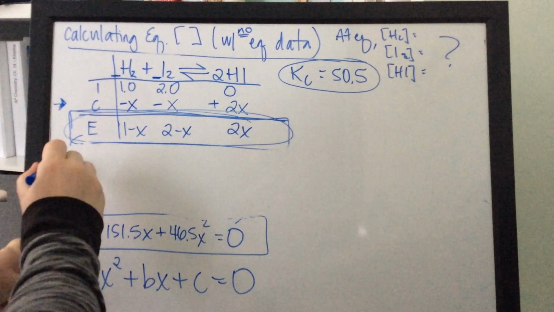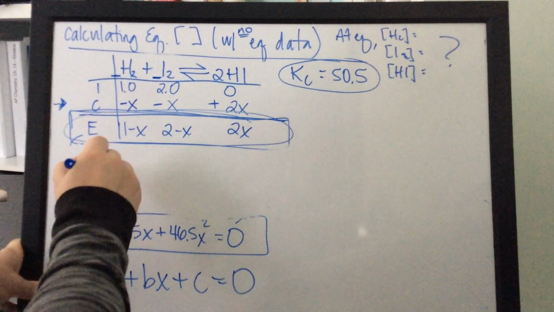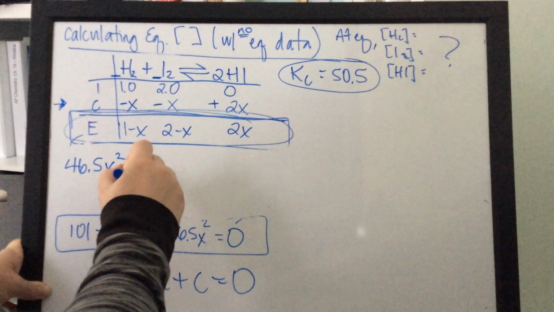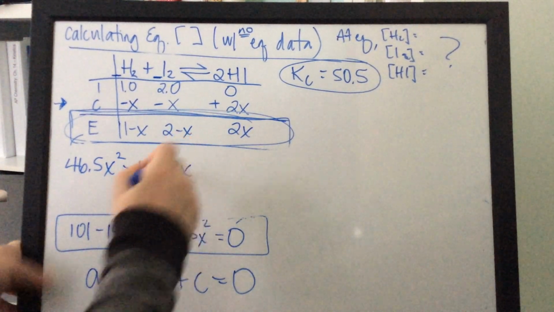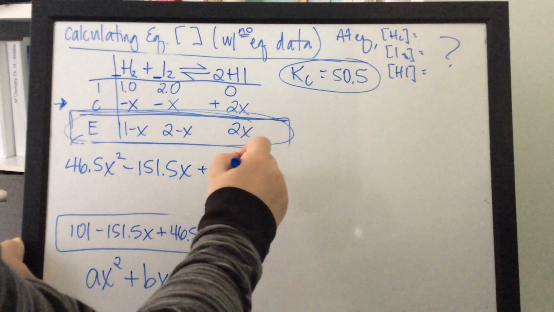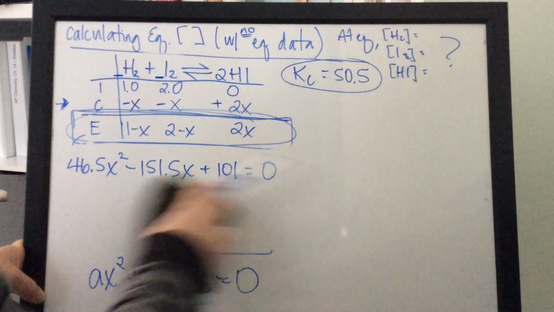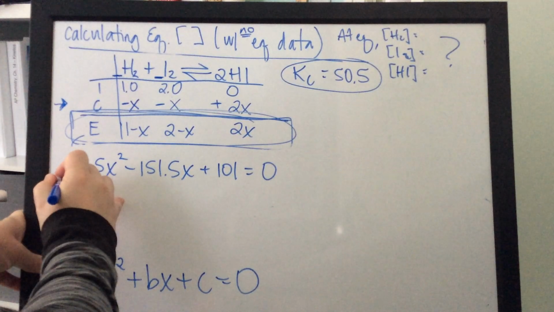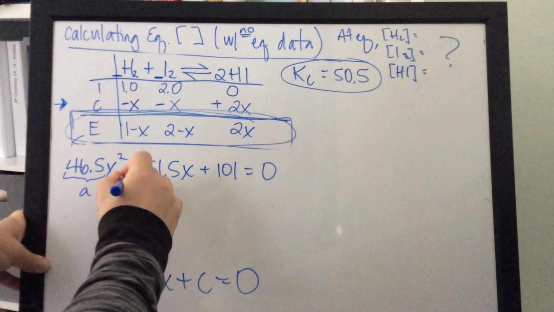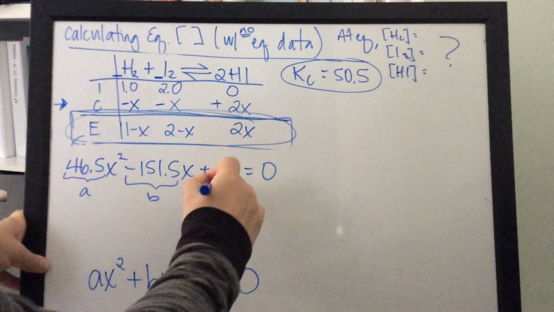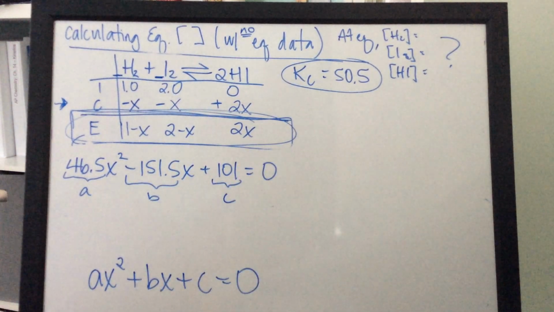So my equation is going to look like this: 46.5x squared minus 151.5x plus 101 equals 0. Okay, so, of course, with the quadratic, A is this number, B is this number, and then C is this number, right?